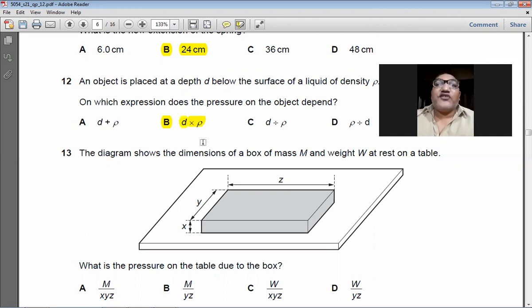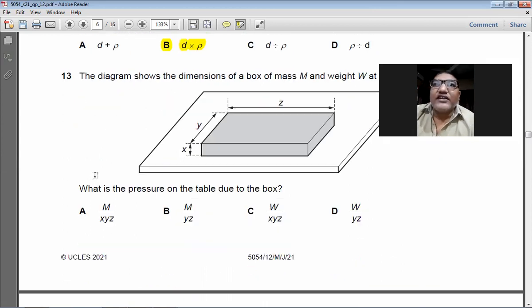You see, this is a tricky question on the pressure formula for the liquid, because the formula is rho GH. Rho GH means density multiplied by depth multiplied by G, where G is a constant. So they have just skipped it. So the pressure is directly proportional to the product of depth and the density. So B is the right option. It's a little tricky question.